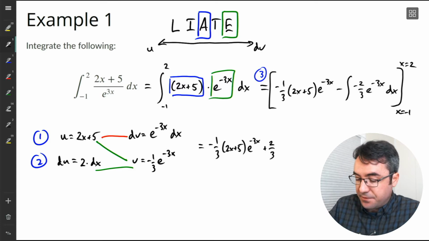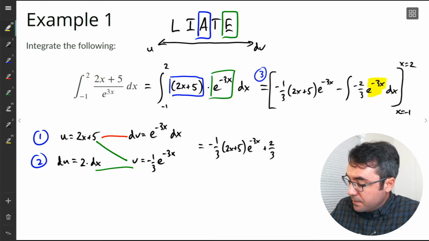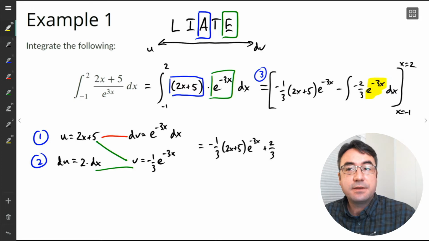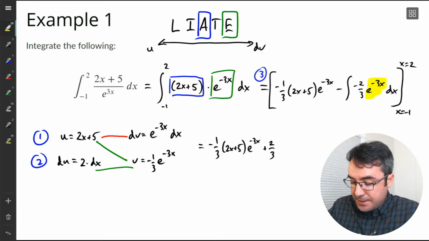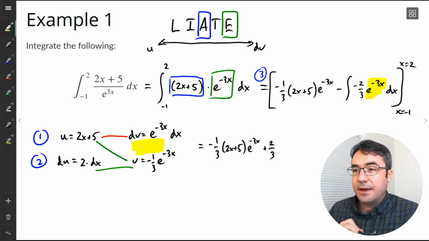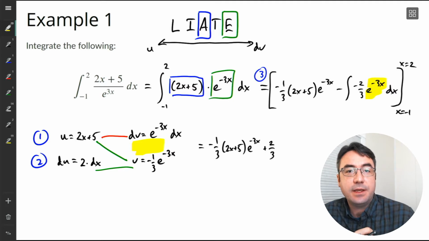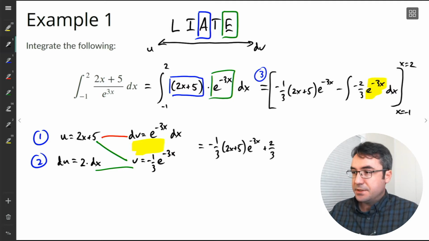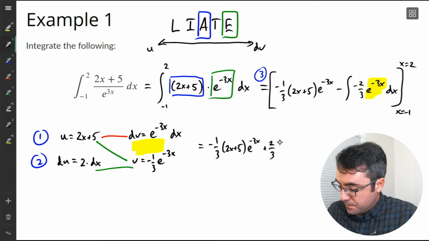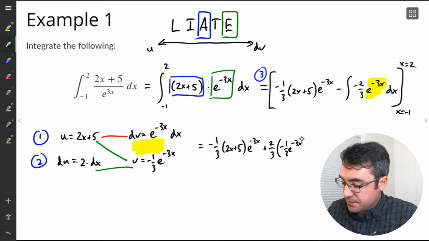And really, let's find the antiderivative of that e to the negative 3x. And we already did that for finding v. So what is the antiderivative? Well, it's negative 1/3 e to the negative 3x.